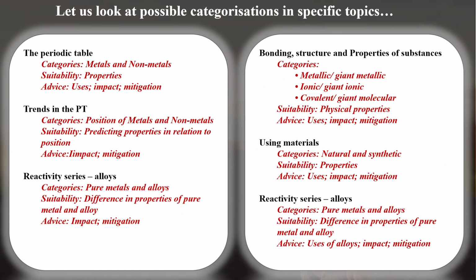Then you give the properties. If it is a metal, you give properties of metals. If it is a non-metal, give properties of non-metals. The use, the impact, and the mitigation. Then when it is trends in the periodic table, it will depend on the position of the metal and the position of the non-metal.